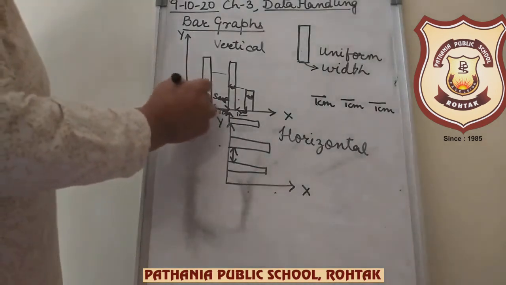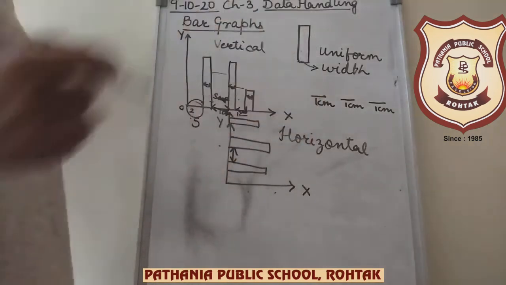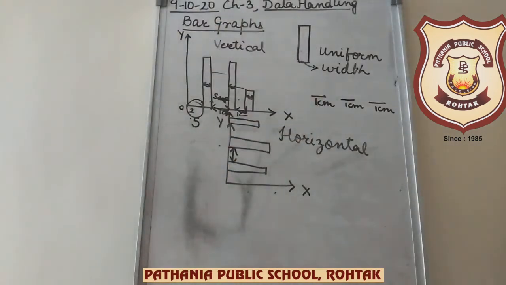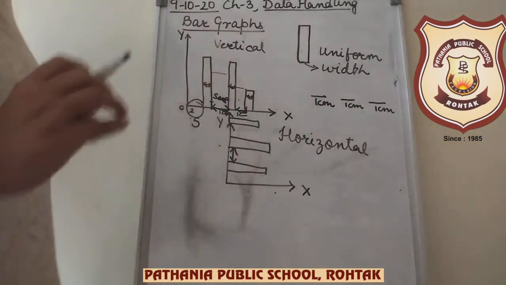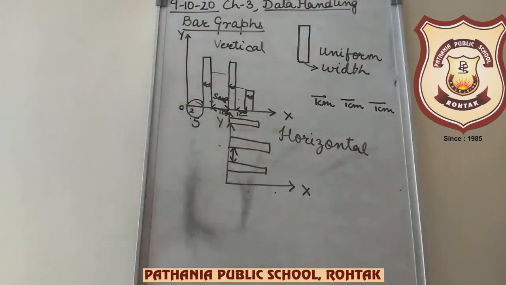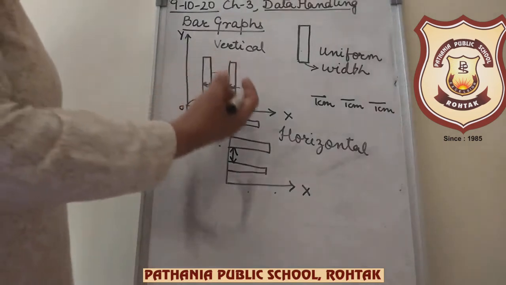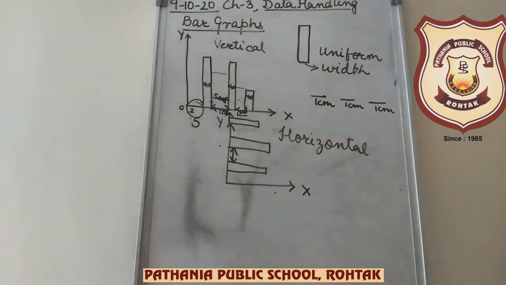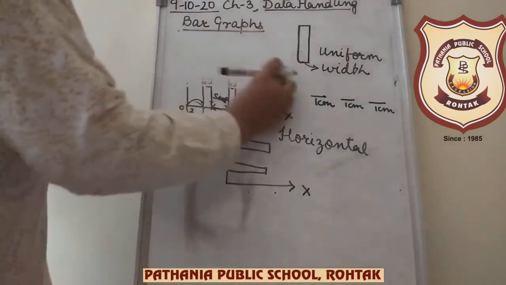So first one can be different, but between the bars it always has to be the same, otherwise you cannot read the bar graph properly and get the information represented by the graph. Clear?